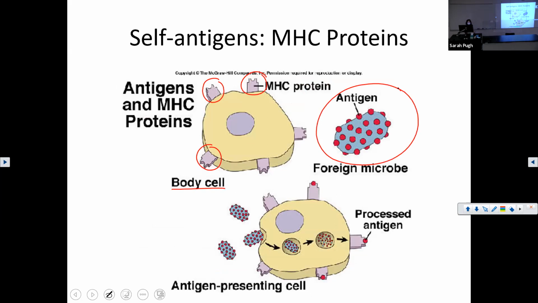This body cell gets infected with that bacteria. It takes the foreign antigen and puts it on that MHC protein. That's how a T cell knows that that cell's been infected. So these MHC proteins are incredibly important in our immune response. That's the only way that a T cell would know that cell's been infected.